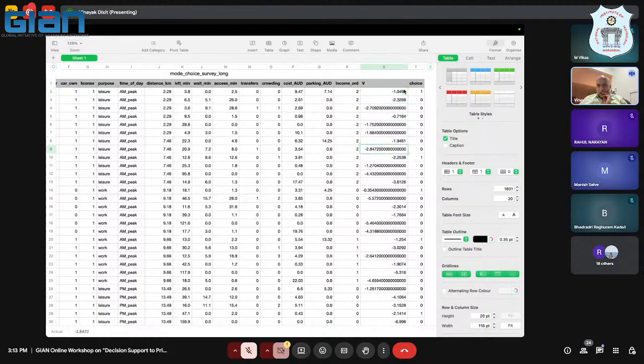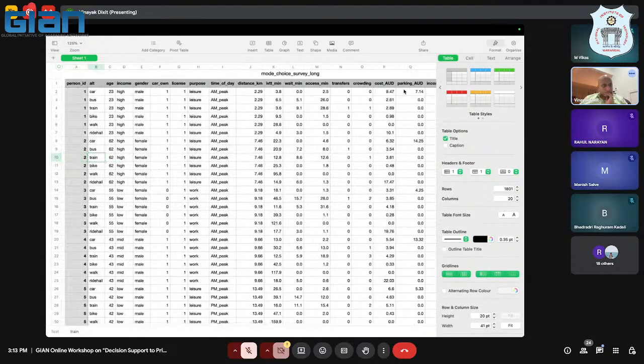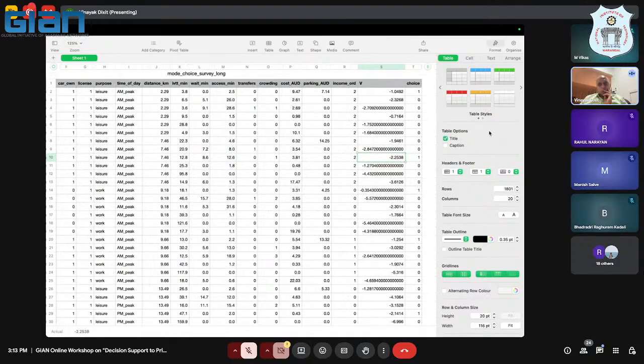This one has used train. But on average, what you'll find is people tend to choose based on the utility. The proportionality is based on the utility.